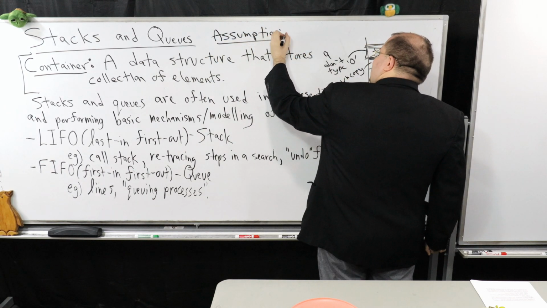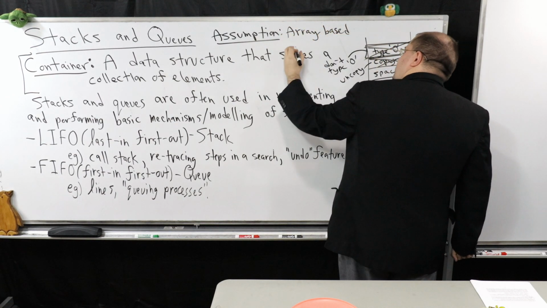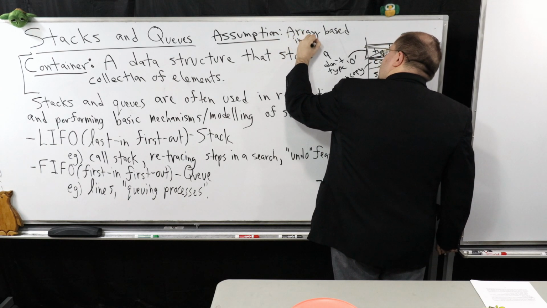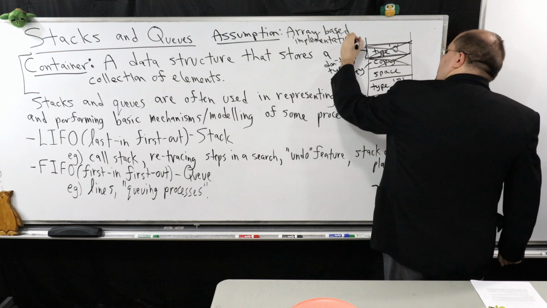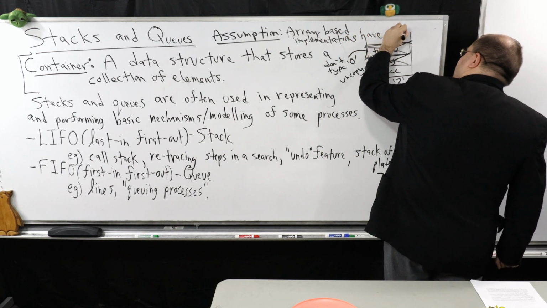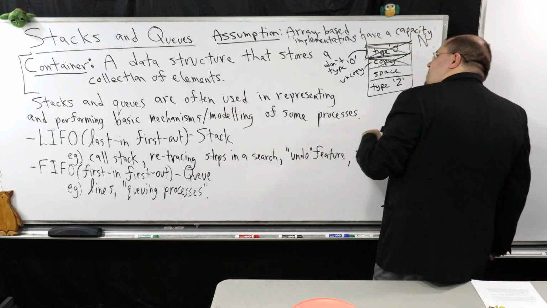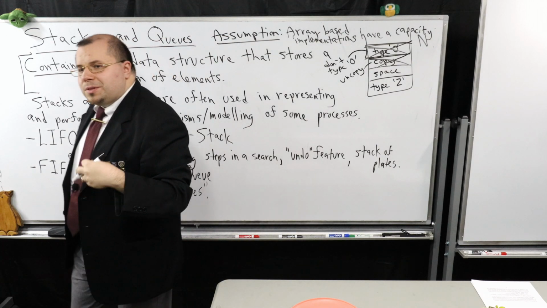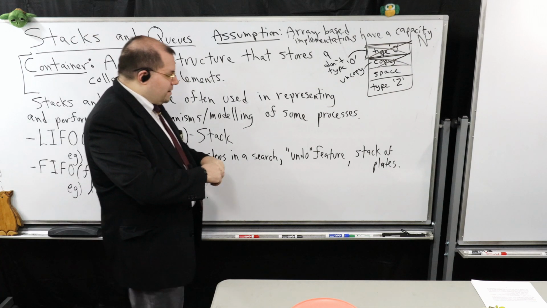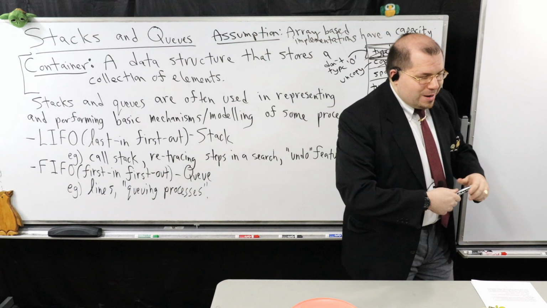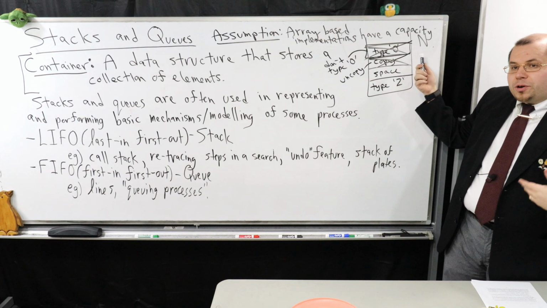The assumption is that array-based implementations have a capacity which I'll call capital N. This will be a number that is predetermined, and this will be of practical consideration. In practice, you would try to figure out what exactly this capital N might be for your application.